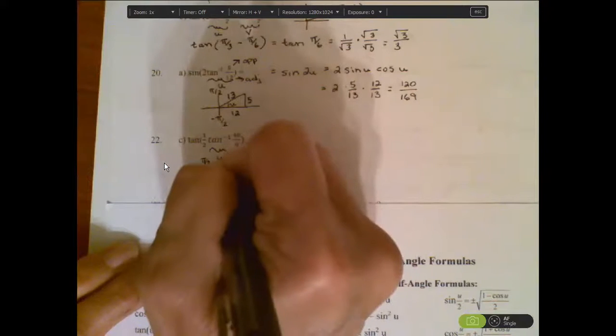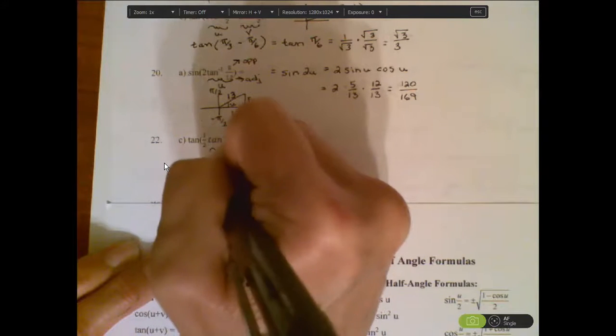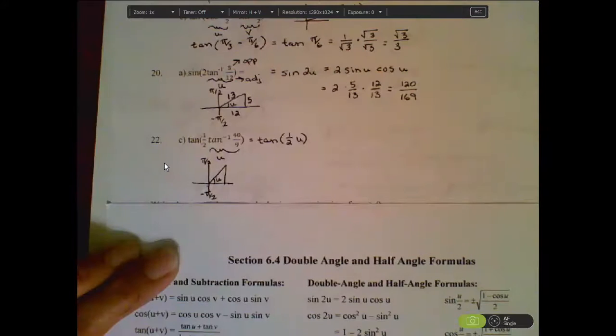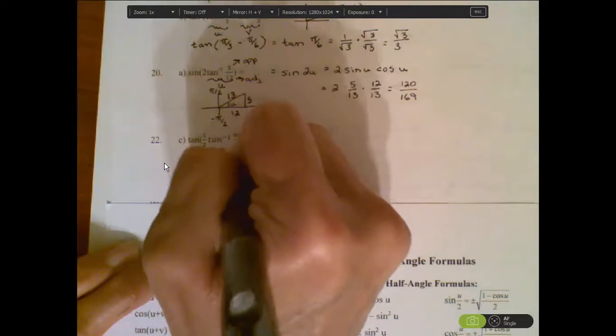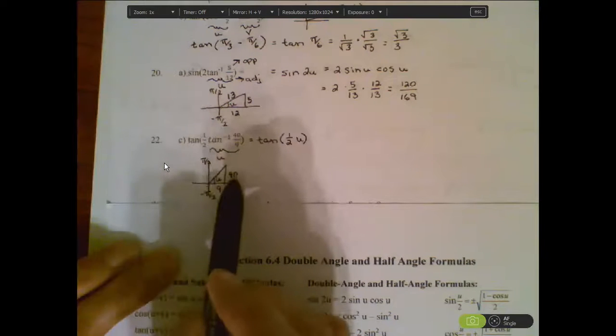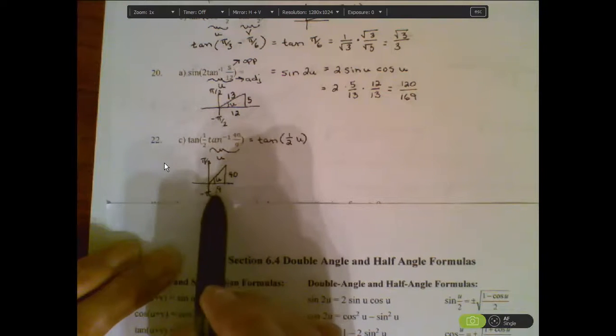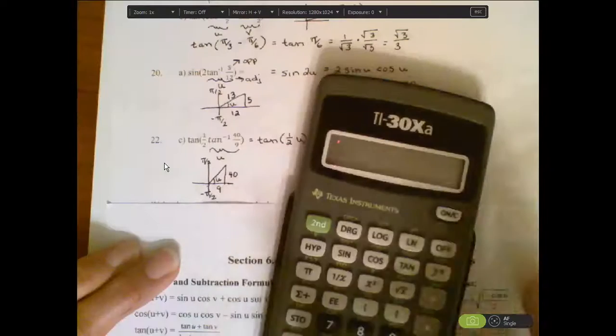So here's my generic first quadrant triangle with some angle u, whose opposite side is 40 and adjacent side is 9. 40 opposite, 9 adjacent, that's tangent. So what about that hypotenuse?